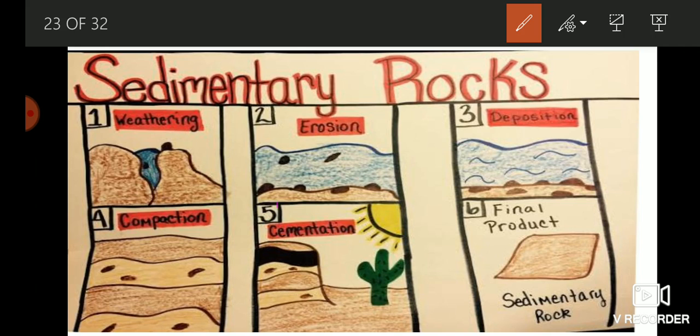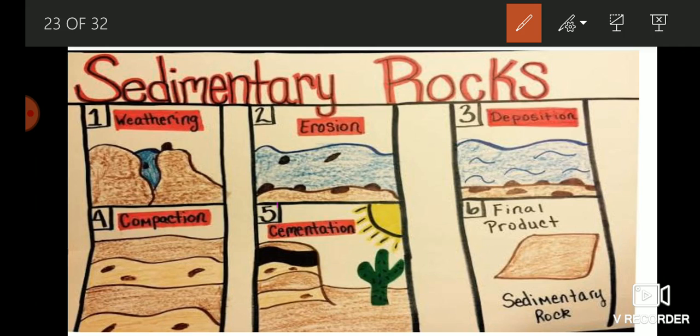At first, some large rocks are sometimes broken into small pieces by the action of strong winds and flowing water.